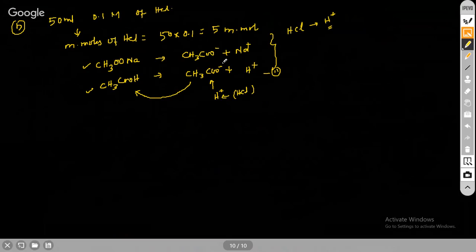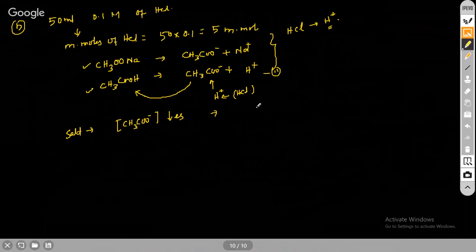Now what happens with this? First of all, 5 millimoles of HCl gives 5 millimoles of H plus, same millimoles. Now 5 millimoles of this combines with 5 millimoles of CH3COO minus, right? So in the reaction, the concentration of salt, CH3COO minus, decreases. Why? Because this ion combines with H plus and forms CH3COOH, right?